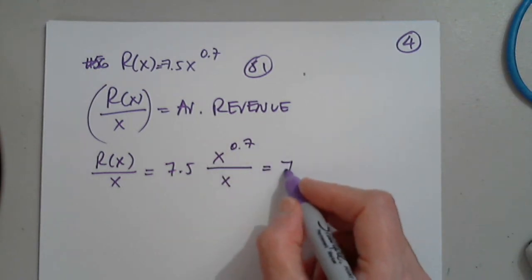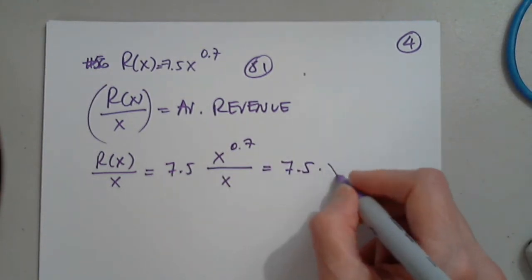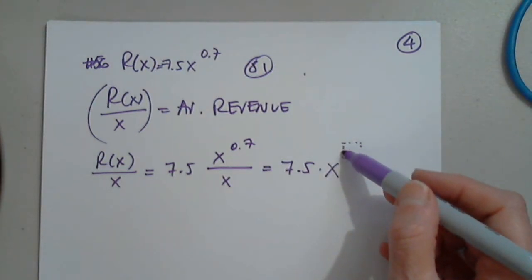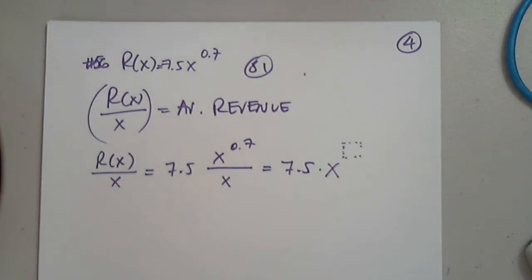x. I copy 7.5, I copy x. Which power do I have to write here? Can anyone tell us? What is the rule?